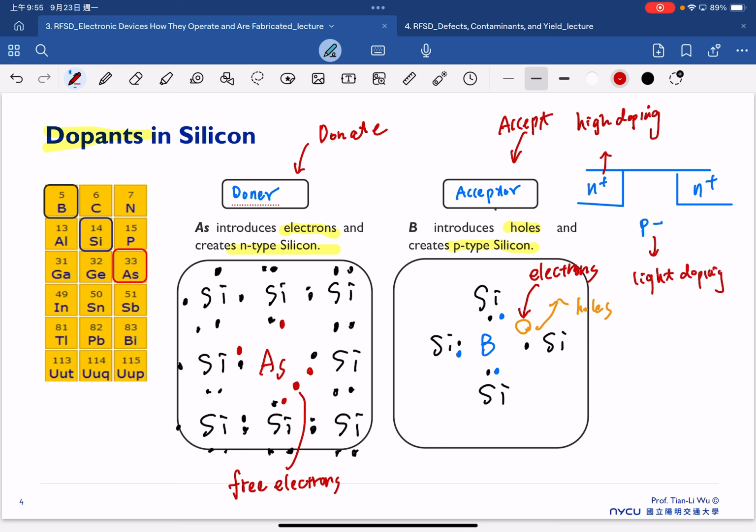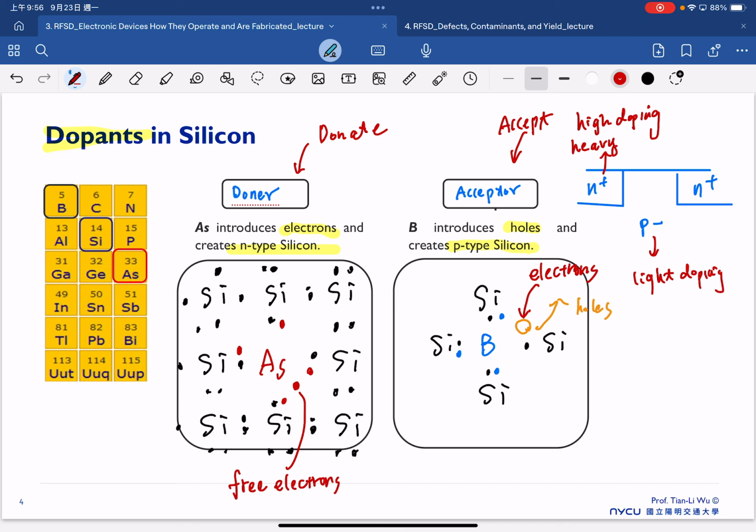Sometimes in general talk we call it high doping, but if you look at the textbook or the literature, they actually call this heavy doping. It's the same meaning, just different wording.